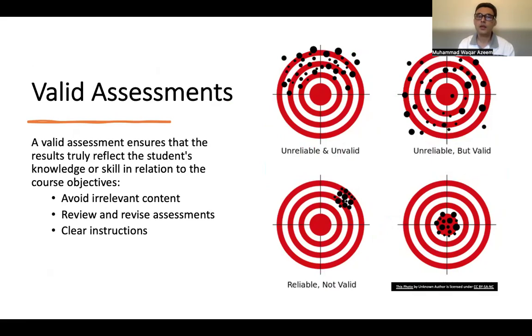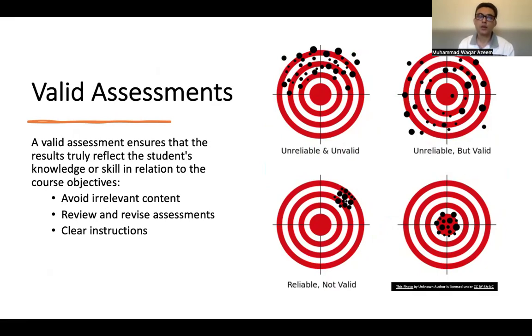And then in addition to making sure that our assessment is fair, we also need to make sure that our assessment is valid. So a valid assessment is a kind of assessment which ensures that the results of an assessment truly reflect what the assessment intends to reflect.